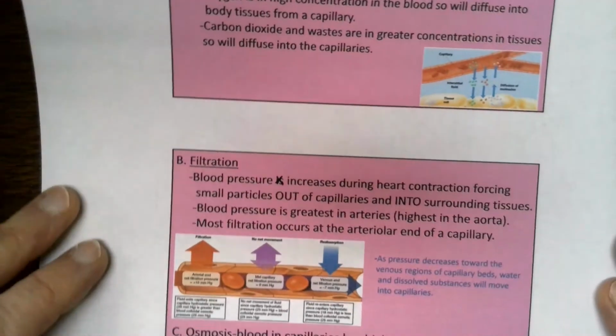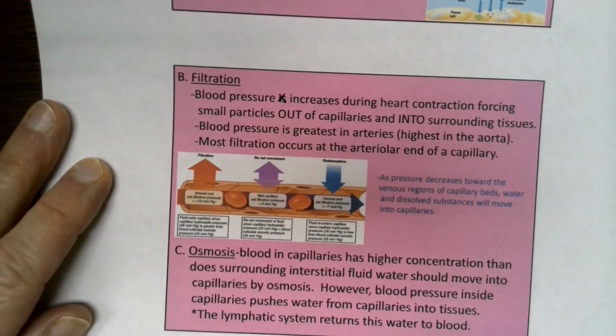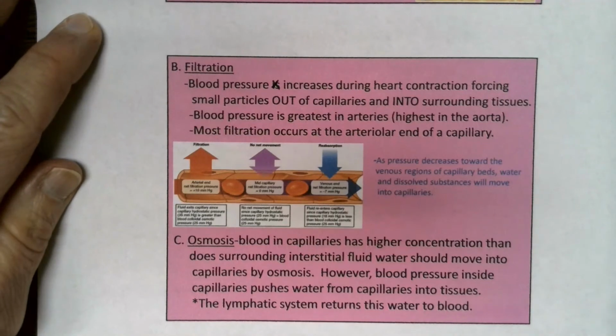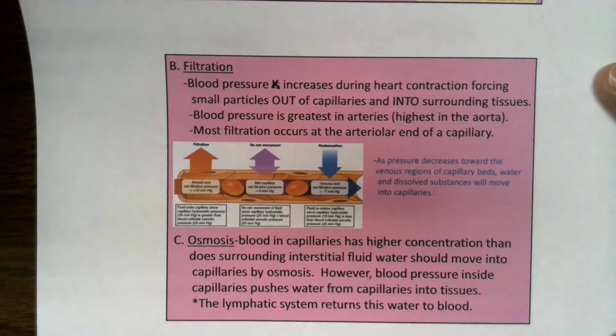Then we have filtration next, and I had to cross out a word there, just FYI. Blood pressure is going to increase when the heart contracts. This is going to force small particles out of the capillaries and into the tissues surrounding them. I already mentioned that arteries are under high pressure, and so at the arterial end of a capillary bed, blood pressure is going to be higher than it is at the venous end.